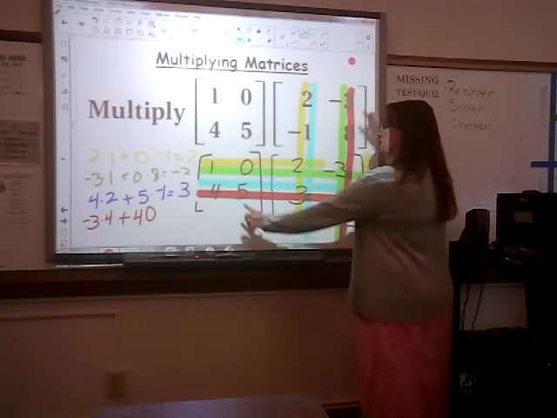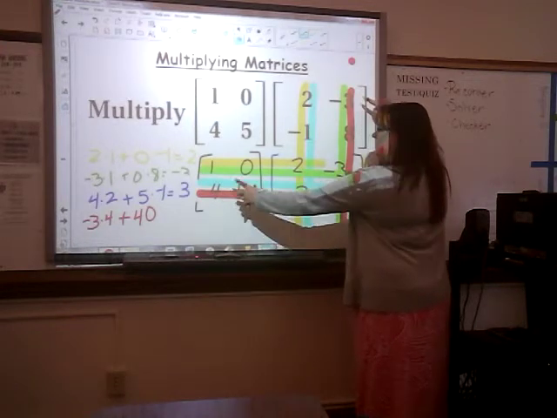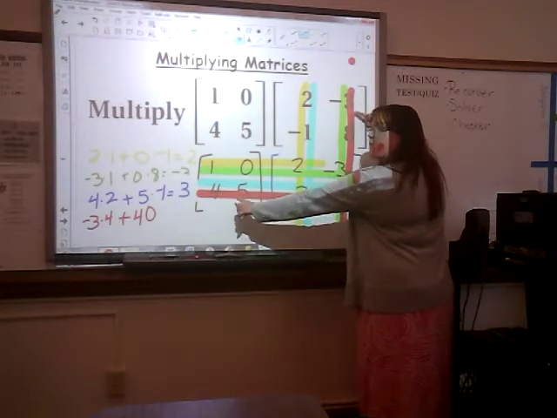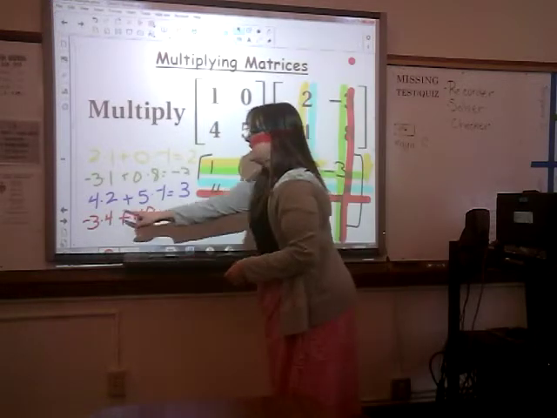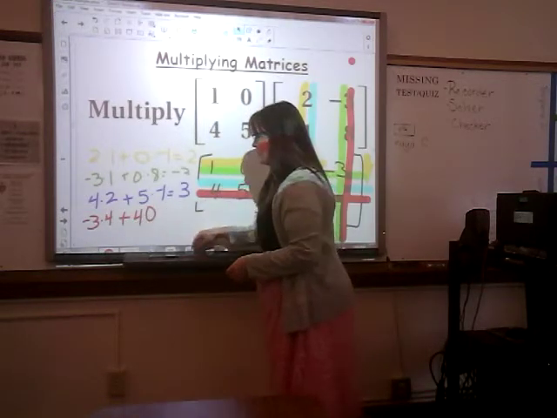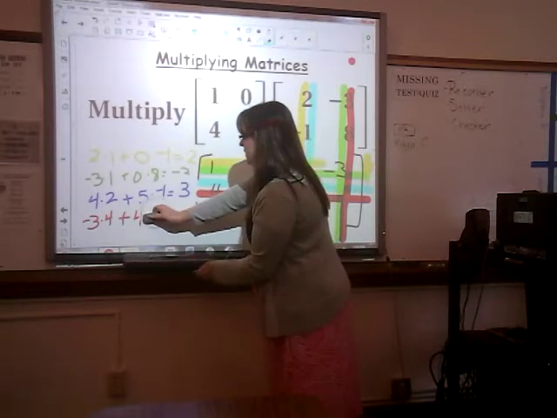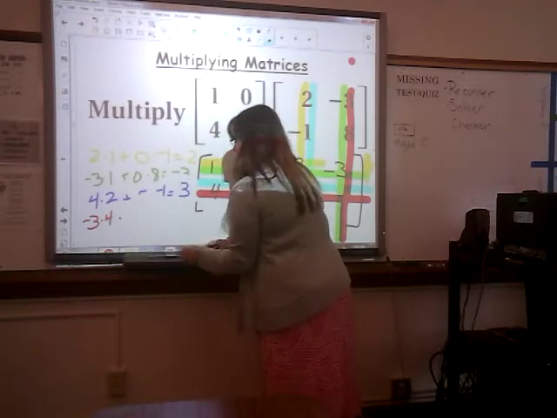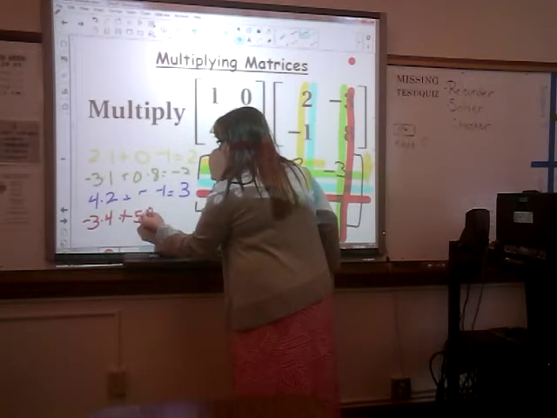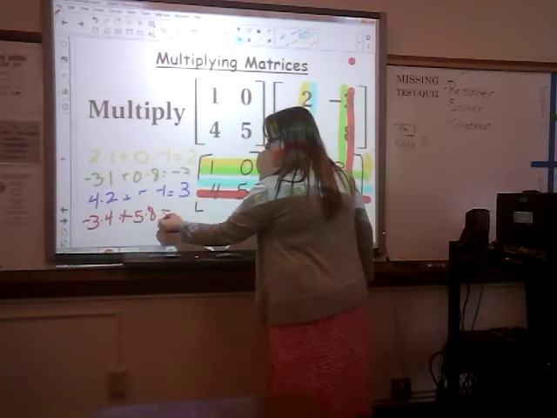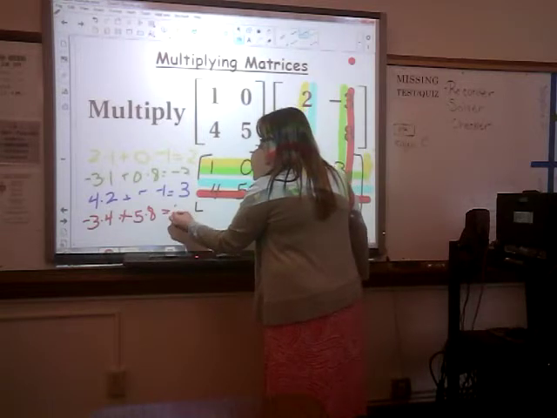We add those together. We start on the outside, multiply, multiply, add those products together, and that's what our answer is. So we have negative 12 plus 40, which gives us 28.